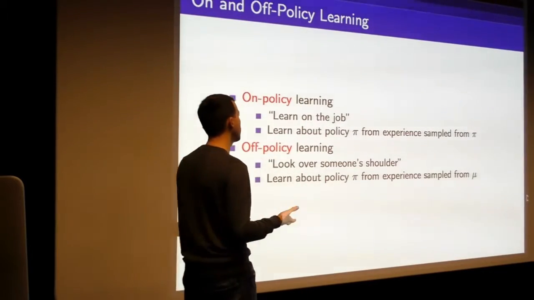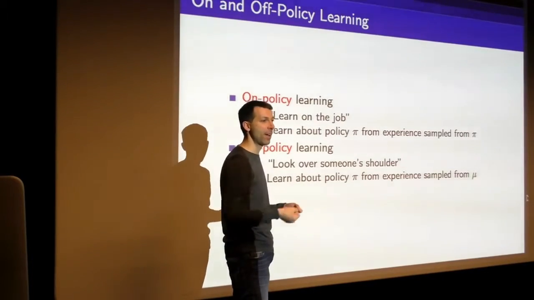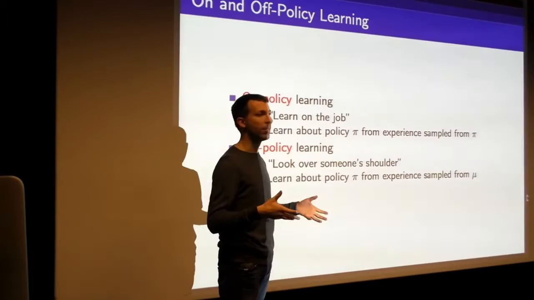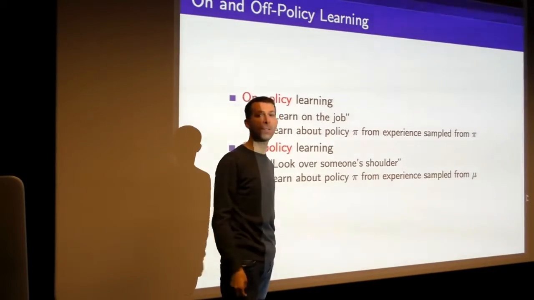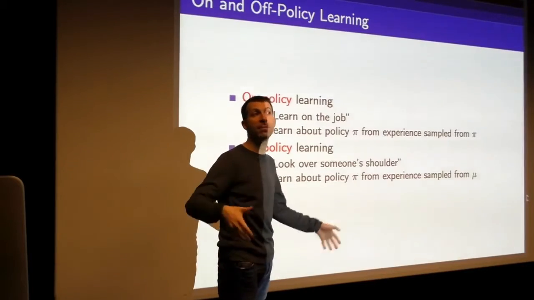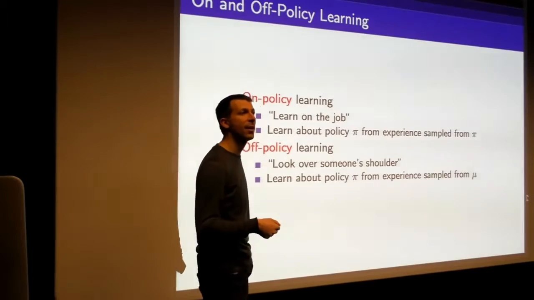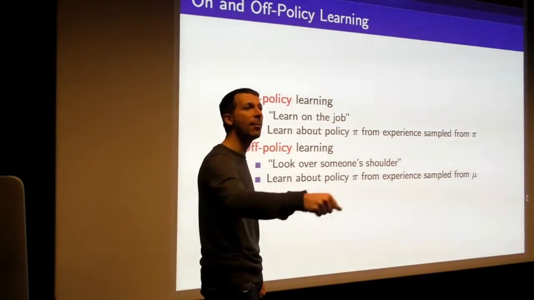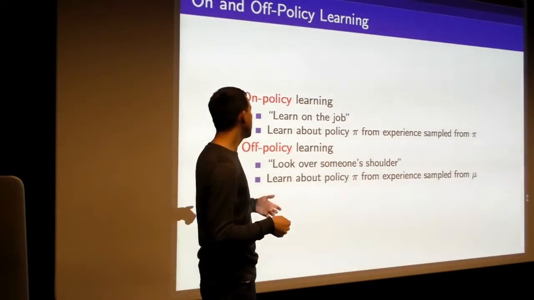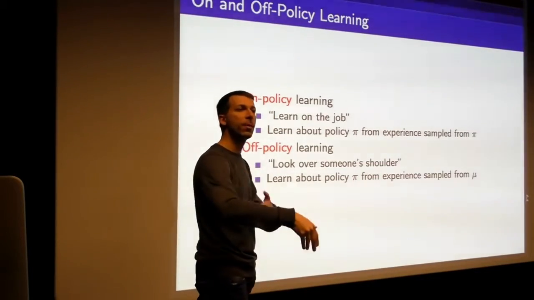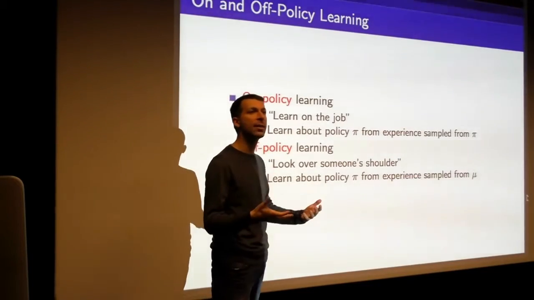We can also do off-policy learning, which you can think of as looking over someone's shoulder. You might have some robot which is watching some other robot walk around, and it's trying to figure out the optimal behavior by just observing some other robot, or maybe even a human, behave. Maybe a human gives some example demonstrations, maybe some teleoperated arm, and the human says, this is how you should move this arm around. Now, just from the trajectories that have been sampled from the human behavior, we could do off-policy learning, and we could learn to evaluate.